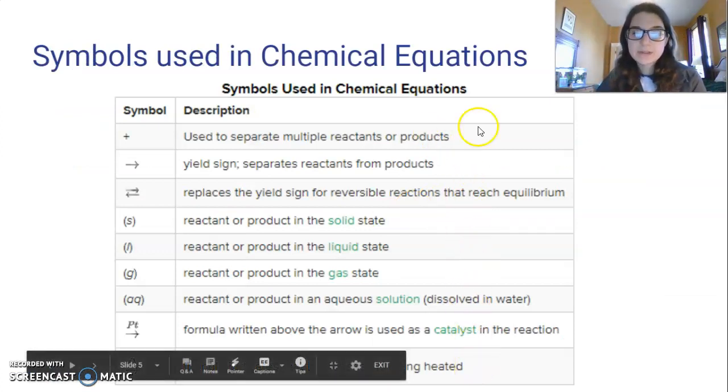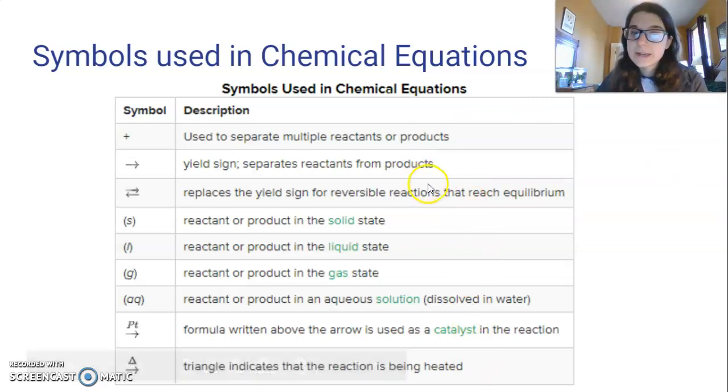But that's how we would show the physical states for those reactants and products. These are the symbols that you will see in a chemical reaction. We've already gone over the yield sign, which separates reactants from products. You pretty much know what the plus sign means. It's just used to separate multiple reactants or products, telling us that we are adding those things together or getting both of those things. In some chemical equations, you will see a double arrow, which tells us, basically, we call the reaction going from left to right the forward reaction.